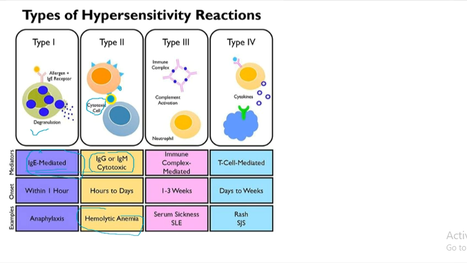This is a type 2 hypersensitivity reaction, or cytotoxic reaction. Type 3 is seen in serum sickness and systemic lupus erythematosus, and it is mediated by immune complex. Type 4 is mediated by T cell, and it is seen in rash and Sjögren's syndrome.